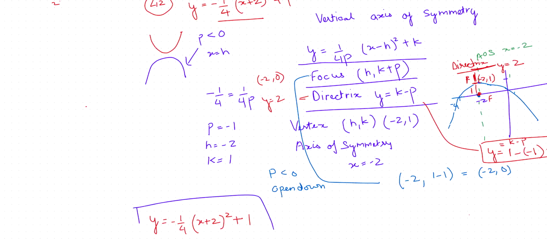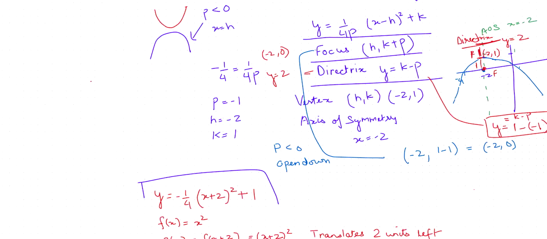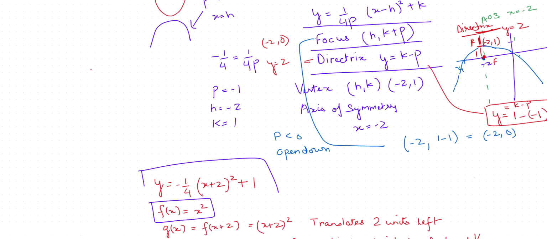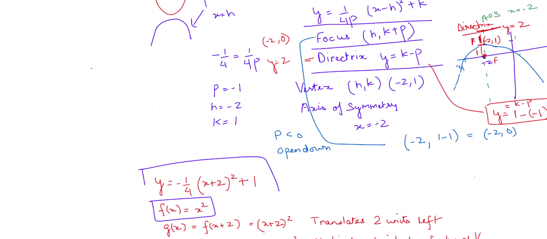So we know the parent function f(x) is equal to x squared. We follow the PEMDAS rule as we have done in the last class. So suppose this initial function was f(x), then (x plus 2) squared means translate 2 units left. So that is the function g(x), which is (x plus 2) squared.